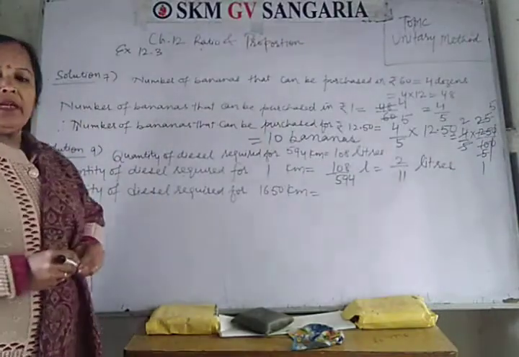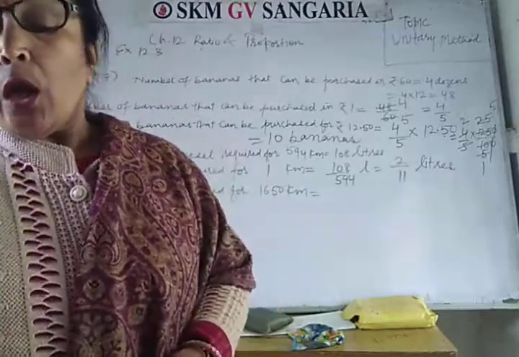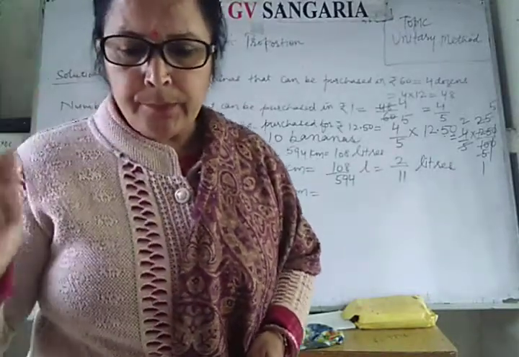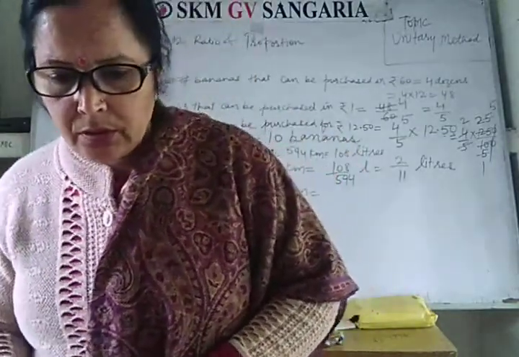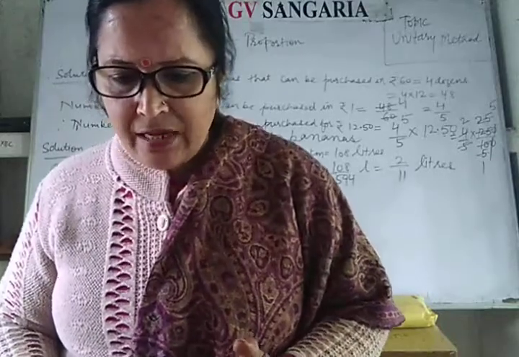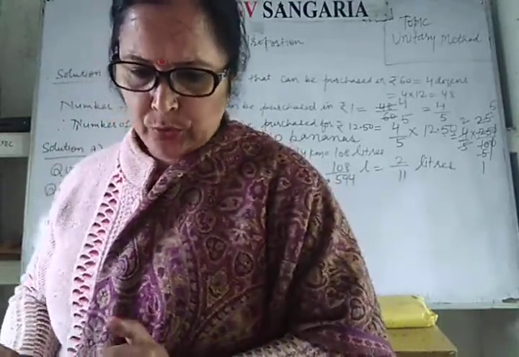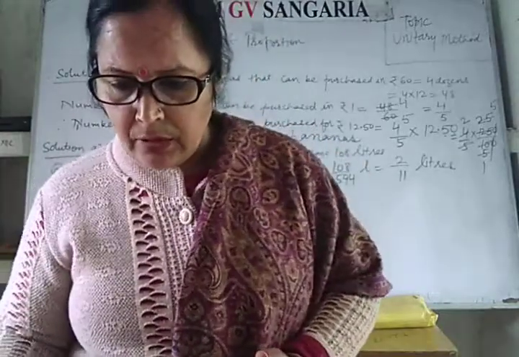In question number 8, it is very simple. You can find out how to do this. The weight of 72 books is 9 kg. What is the weight of 40 such books? So the weight of 72 books is equal to 9 kg.